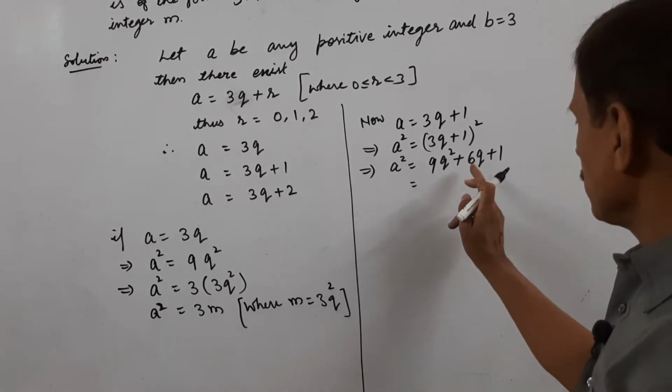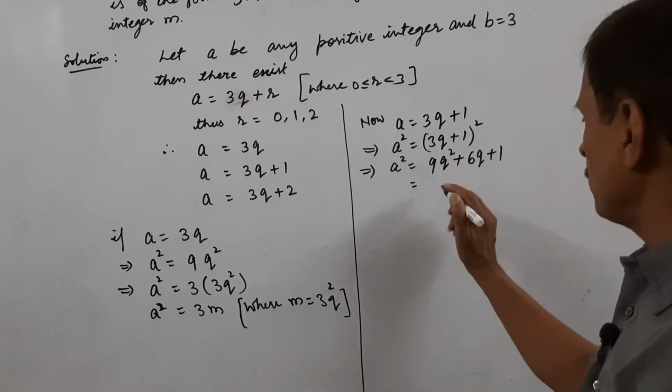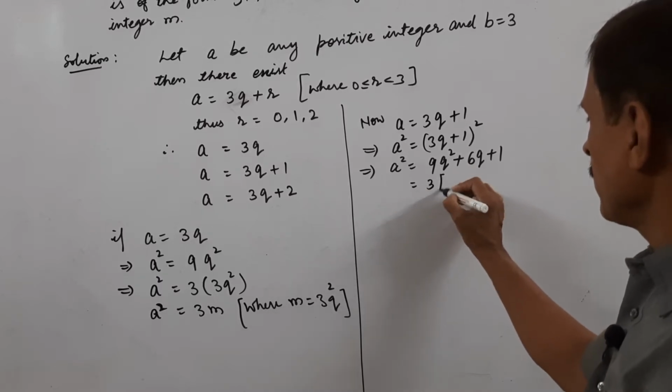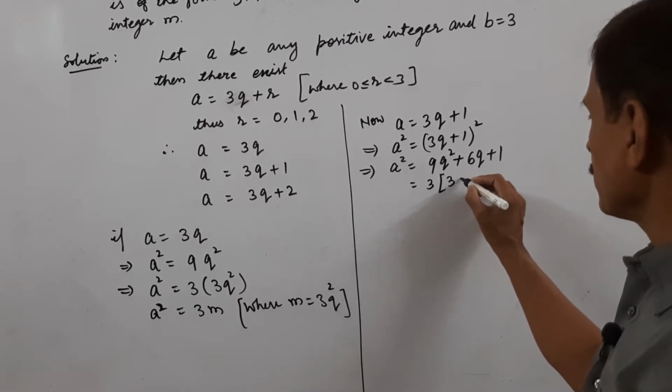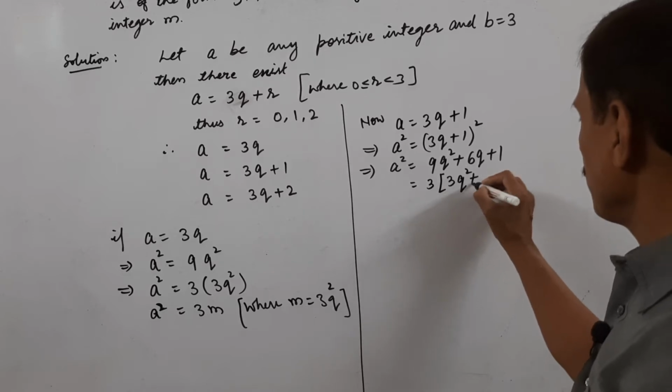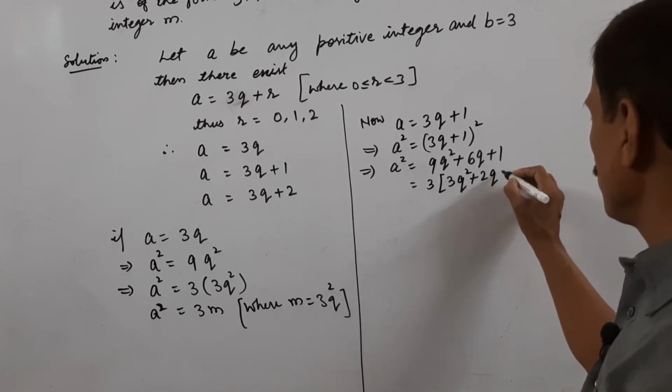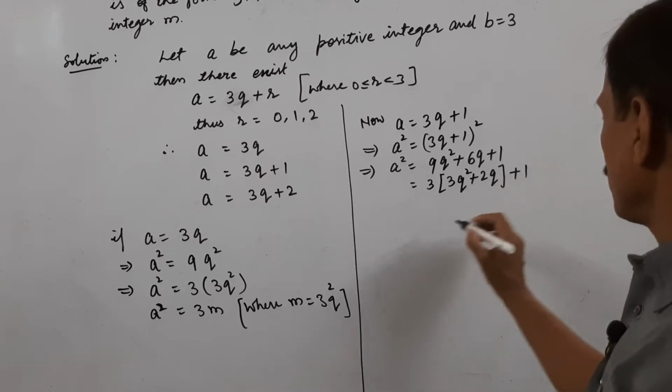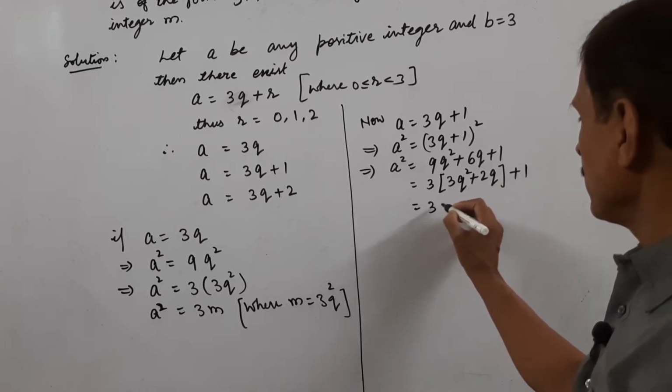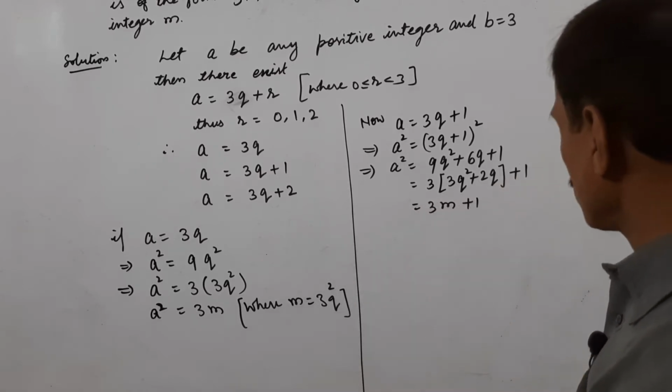Now taking 3 as a common factor from the first two terms, this is thrice of q square plus 2 times of q, plus 1, and that is 3 times of m plus 1.